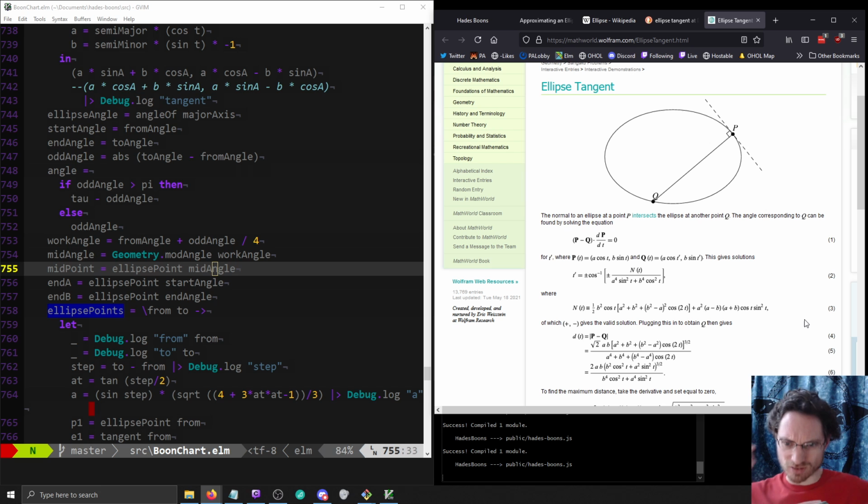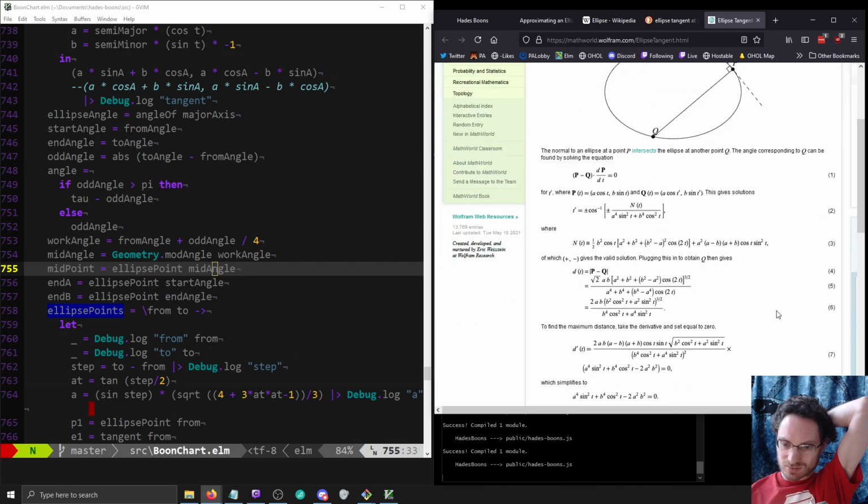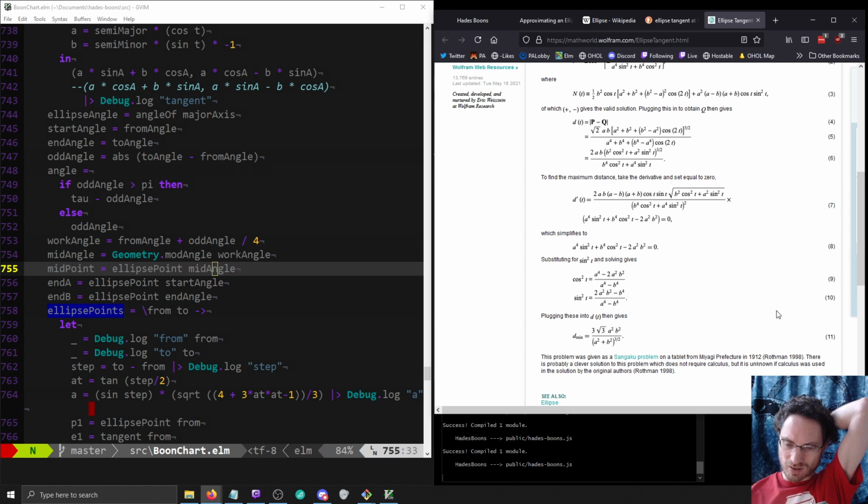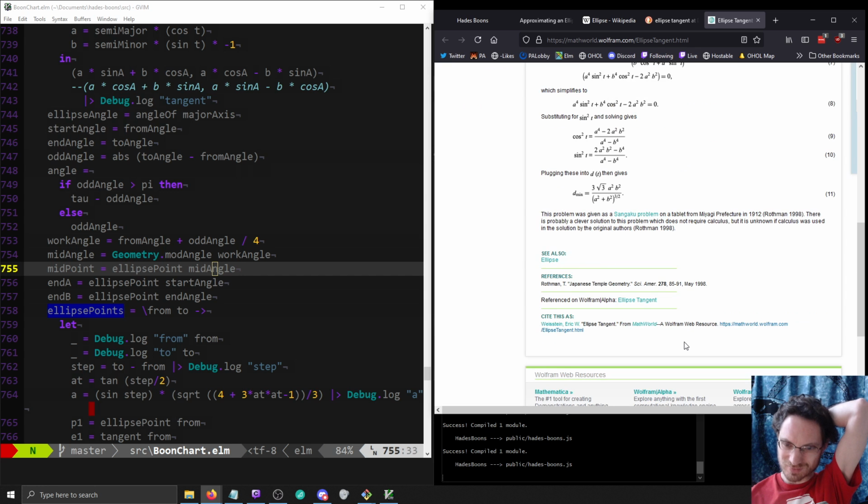Plus minus, I guess, because it can go either way. Does this look anything like what we've got? There's a square root. Does not require calculus, but it's unknown if calculus was used in the solution by the original authors.